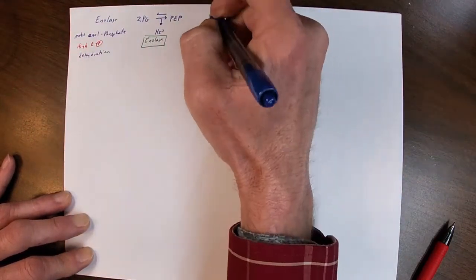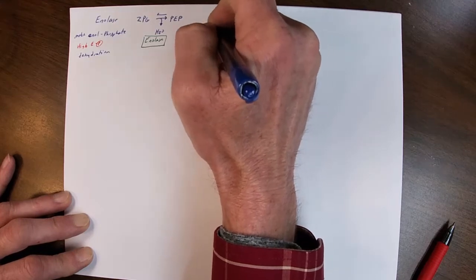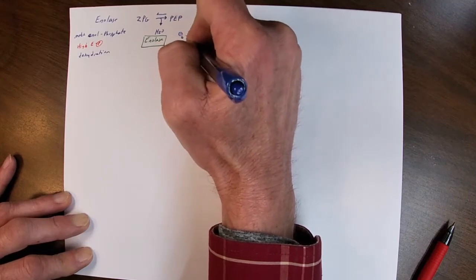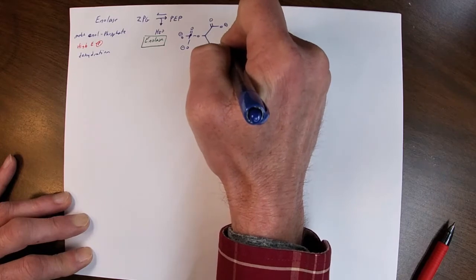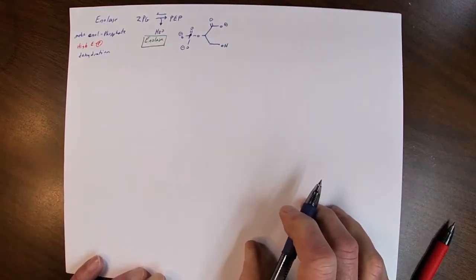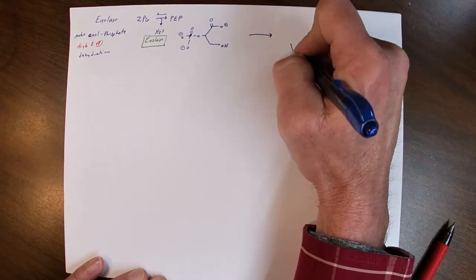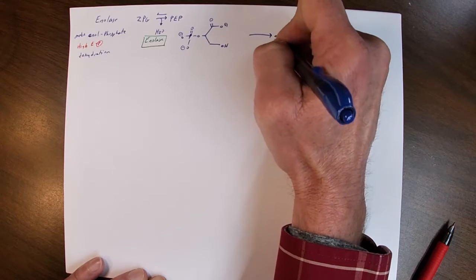So let's look at the structure here. There is your 2-phosphoglycerate, and we're going to be making an enol phosphate.